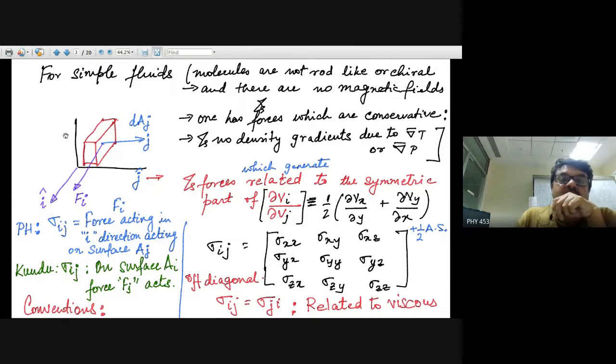And for simple fluids, where you can make a very general approximation that molecules are not rod-like or chiral, there are no magnetic fields, you don't have charged particles moving in magnetic fields, and one has body forces. What is a body force?